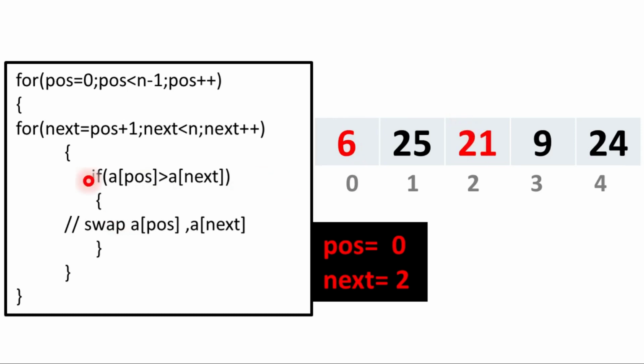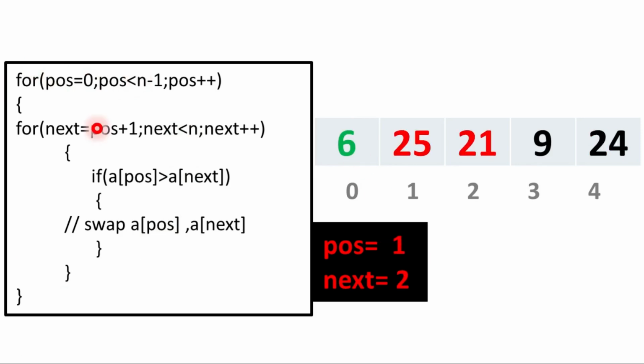Swapping is not required, this condition will fail. Next is again incremented to 3, condition is still true in the inner loop, 6 is compared with 9. And then next is incremented to 4, a of 0, that means 6 is compared with 24, swapping is not required. And then next will become 5, 5 is not less than 5, condition fails, and you get back to position, and here is the place where position value will now change to 1.